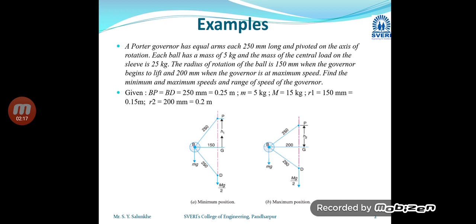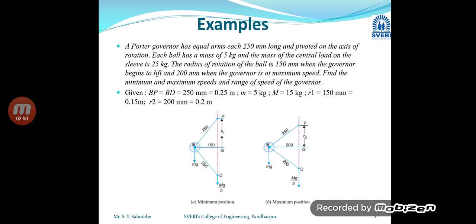Now in this problem the various parameters which are given we will mention, but you can read this problem once again. What you will find is that we have to find the speed range, that is the maximum and minimum speeds. The radii of rotation are given, not the speed, sorry. For that we have to find the speed, that is, we should know the relationship between speed and radius or other parameters of this governor.